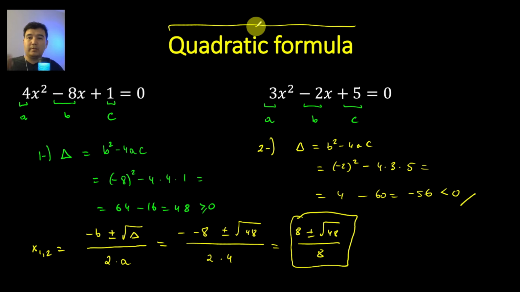So we saw three ways of solving a quadratic equation. The easiest way, so you should always go with factoring. If it's not possible, try completing the square, and the last choice is going to be the quadratic formula, but the quadratic formula is the most universal one, so you can use it for any problem.